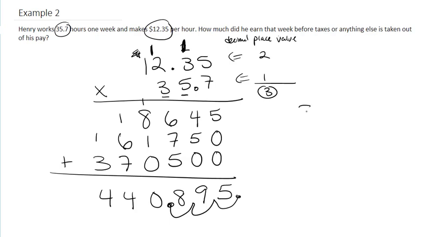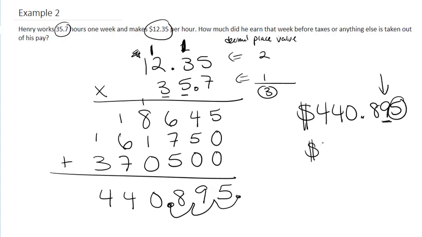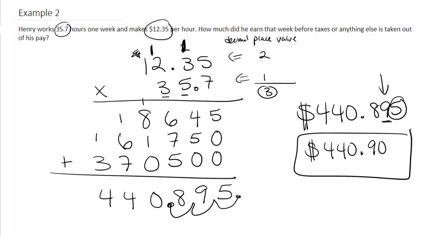And so we have 440.895. And then let's round to our nearest hundredths, which is right here. So we're going to look at that number and we're going to round up. So our total then becomes 440.90. And this would be our solution to this problem.